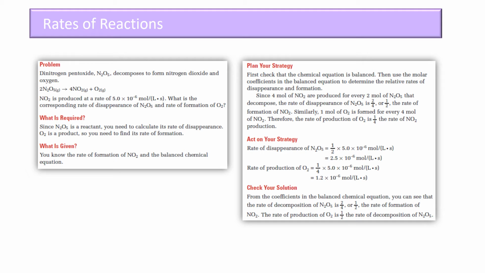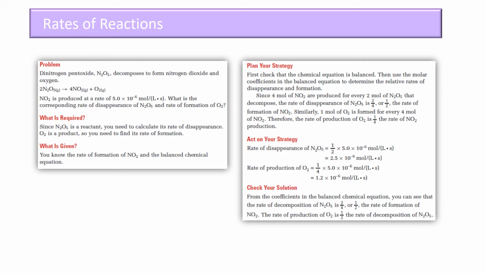So the rate of production of O2 is 1/4 times 5.0 times 10 to the negative 6 mole divided by liter times second, which is 1.2 times 10 to the negative 6 mole divided by liter times second.